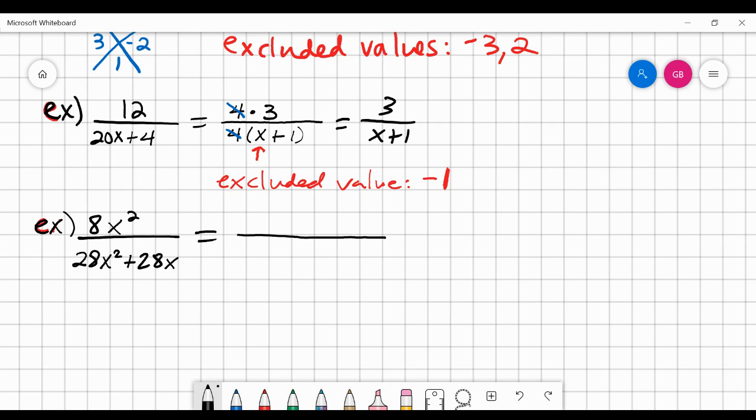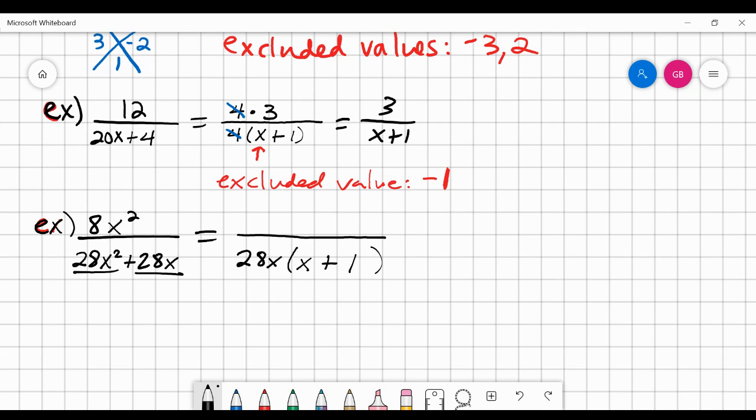What's the GCF? It's 28x is the GCF. So what are you left with? 28x times x would give you the 28x squared. And then 28x times 1 will give you the 28x.